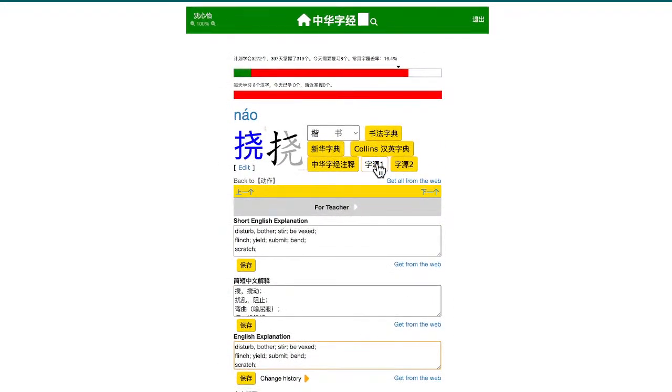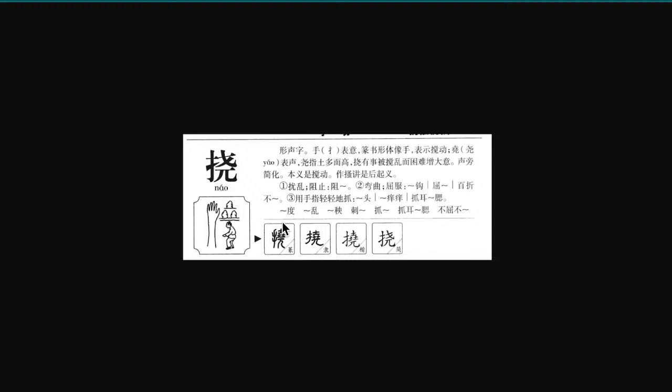Let's see the character itself. You can see on the right hand side is the character of Yao. Now Yao has the meaning of a pretty big amount of dirt.